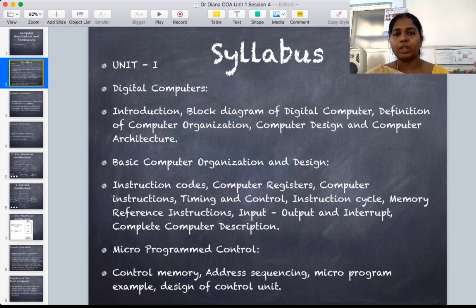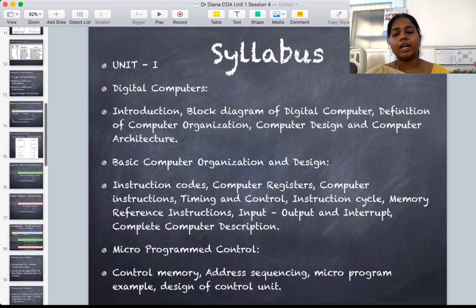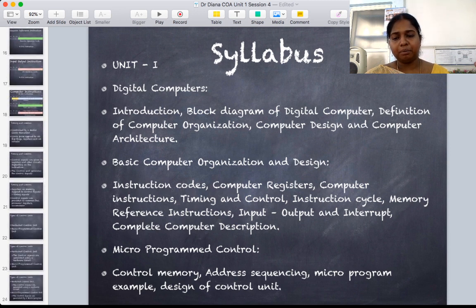All of these deal with the hardwired control unit. The latter part of the first unit also includes the microprogrammed control unit. For now, I will not be touching on the microprogrammed control because it's completely a different aspect. It needs a different perspective. So we will look into the hardware design and directly move on to unit 2 for now.